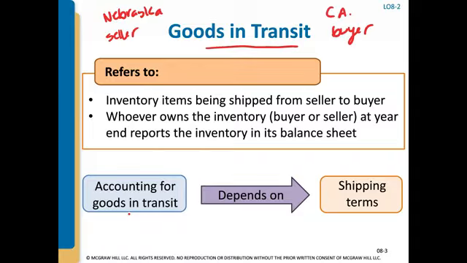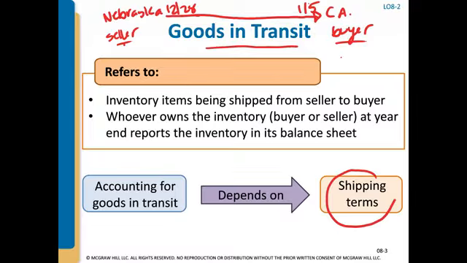Because I'm in California, and my seller is in Nebraska, and the seller ships my goods to California on December 28th, but it does not get to me till January 5th. Well, the question is, while those goods are in transit in that truck driving from Nebraska to California, who owns that inventory? Is it the seller or is it the buyer? And the answer to that is it depends on the shipping terms, which are predetermined as part of the acquisition of the inventory.